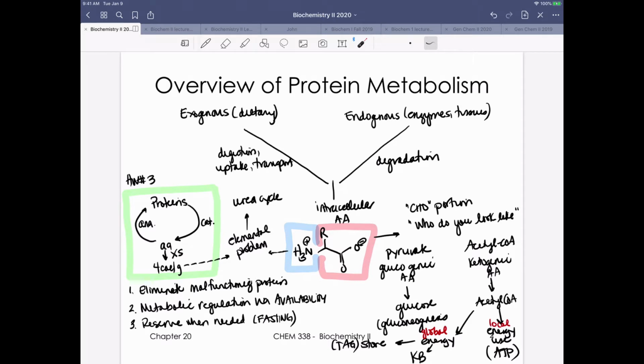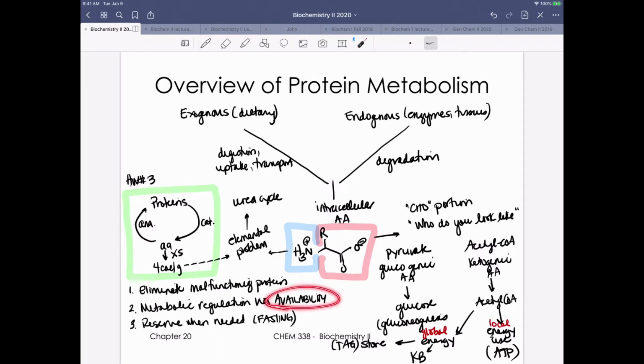So maybe if they've somehow become damaged by the environment or something, we can degrade them. It's also a way to regulate metabolic pathways. We've done a lot to understand how enzymes in metabolic pathways are regulated by activity, so phosphorylation and dephosphorylation states, thinking about R state, T state, and so forth.